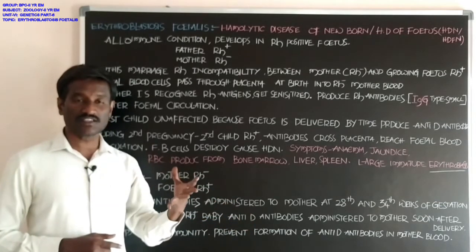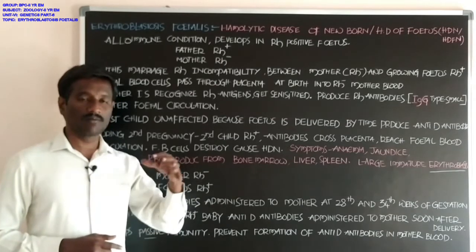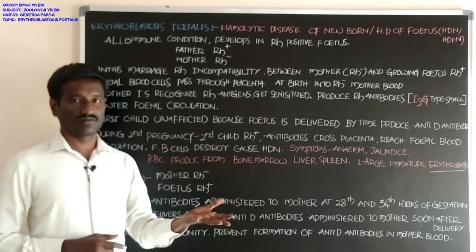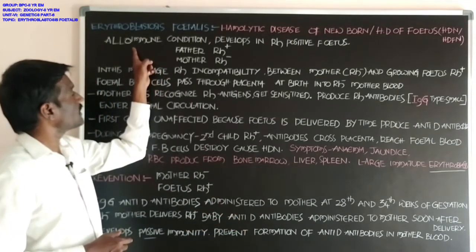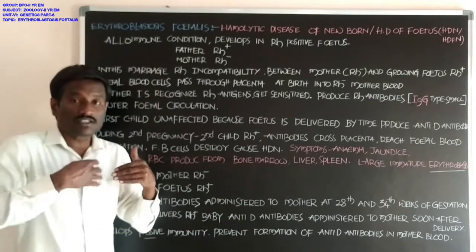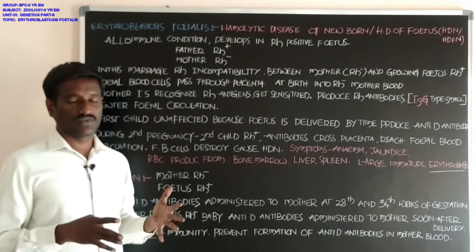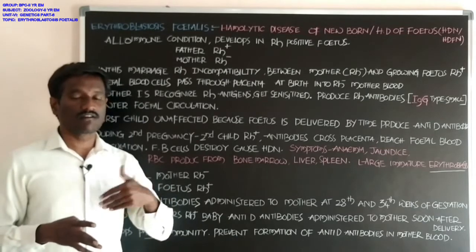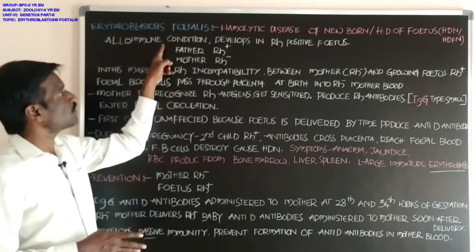These antigens enter the body from the outer surroundings, and that causes the production of antibodies in the body. It is called an alloimmune condition.